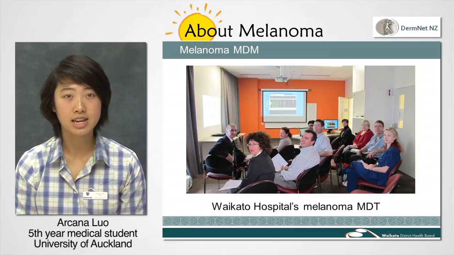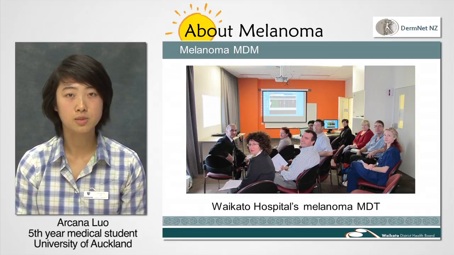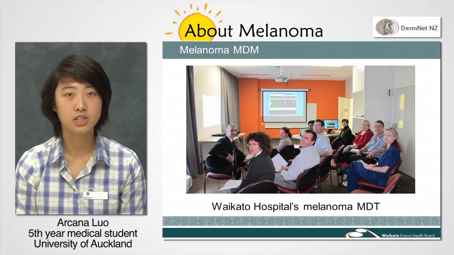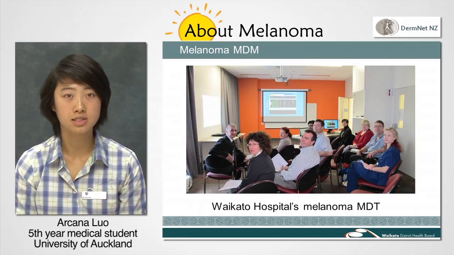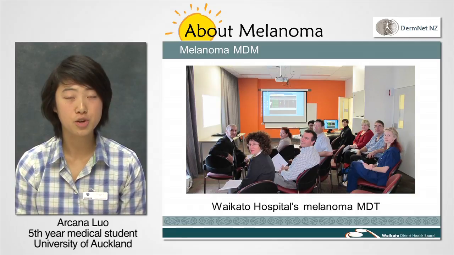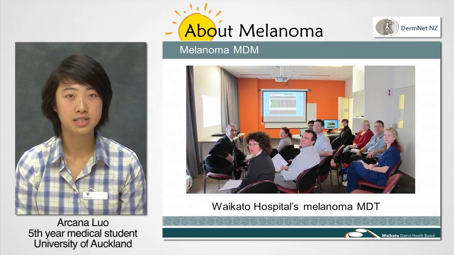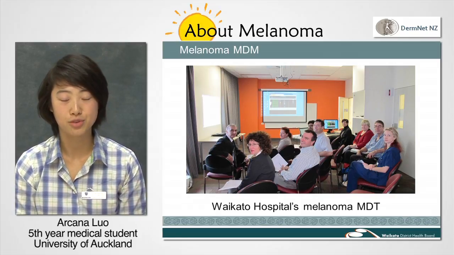The pathology and X-ray images are displayed for all team members to see for themselves. They will consider medical or social aspects that might affect treatment or the disease process, such as medications, other medical conditions, or where the patient lives. The team discuss how best to treat each person and how to meet individual needs and preferences.